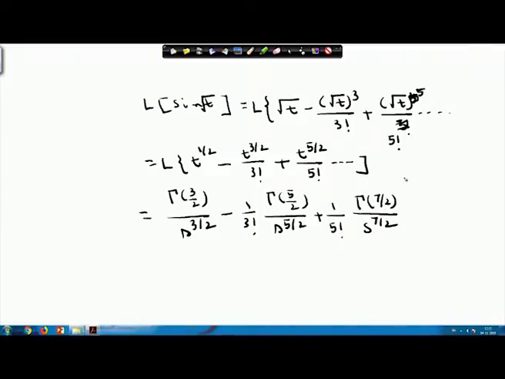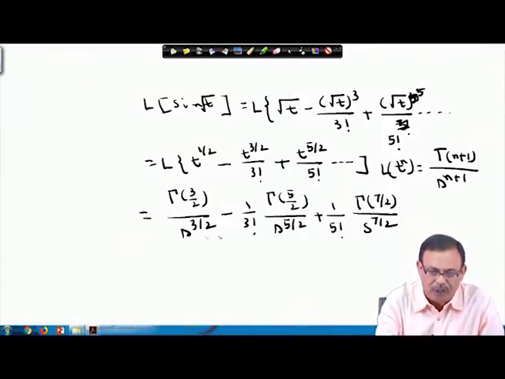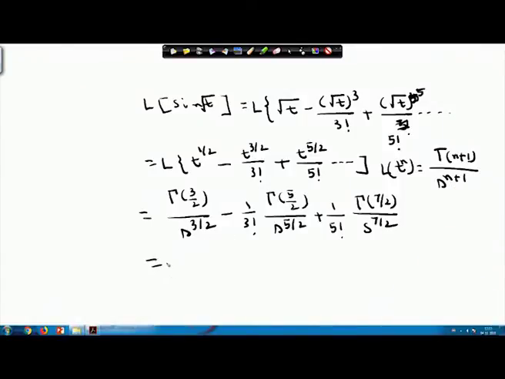Please note that the Laplace transform of t to the power n is gamma n plus 1 by s to the power n plus 1. If I use this formula, I will obtain this, and this I can write simply as root pi by 2, because gamma half is root pi.